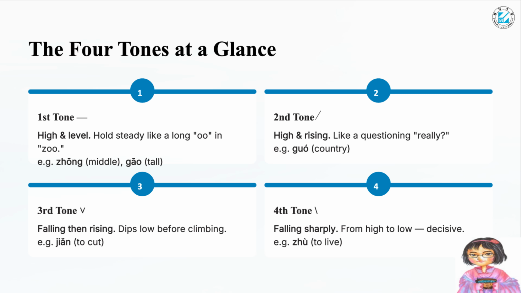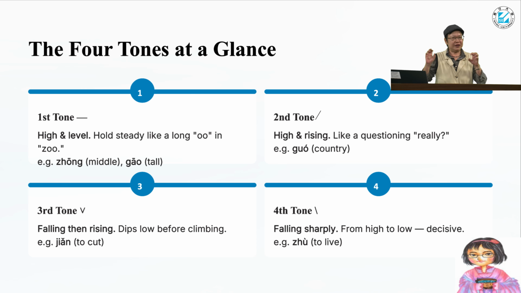We have also a neutral one, which is a bit light. And remember, if you pronounce the tone differently, you might cause misunderstanding. So let's have a look. The 4 tones are important.